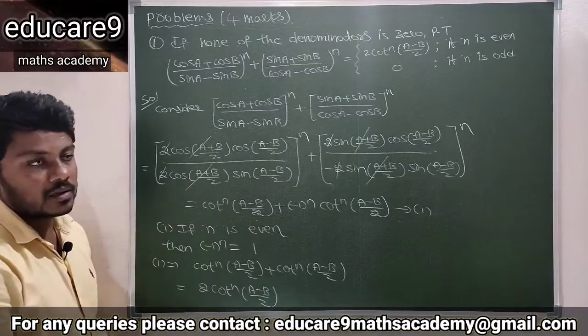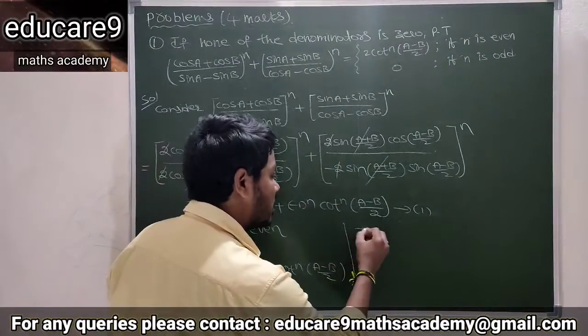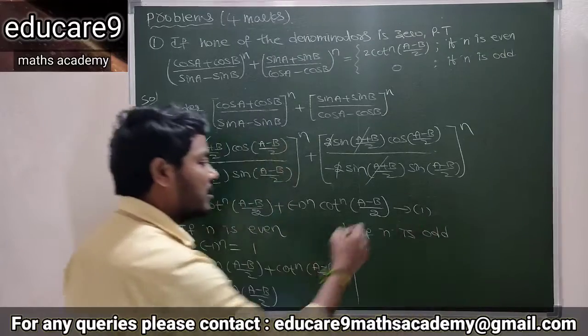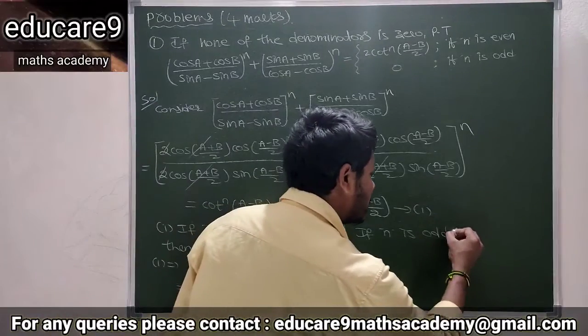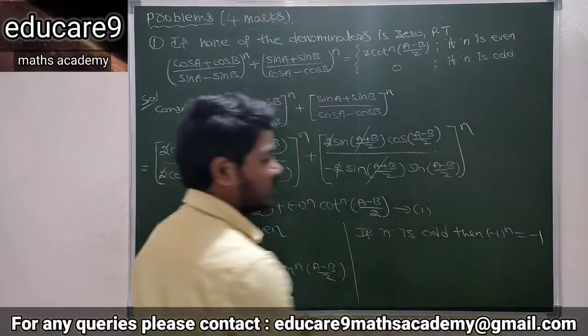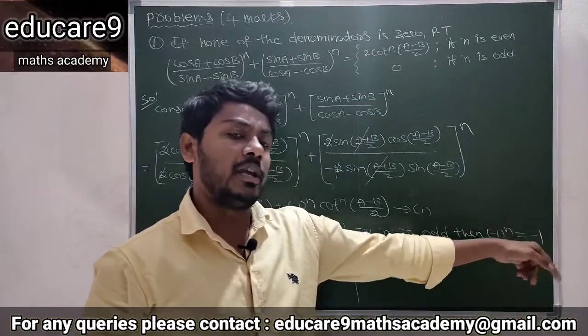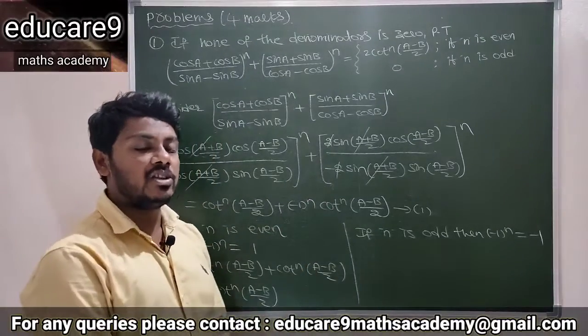Okay. So next case, if n is odd, then clearly minus 1 power n is negative. So minus 1 power n value is minus 1, because minus 1 power 1 is minus 1, minus 1 power 3 is minus 1.